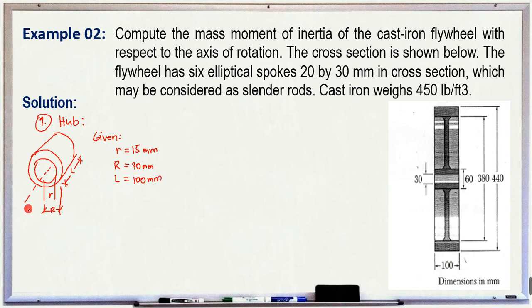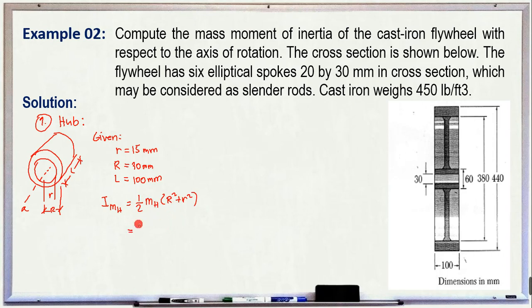So the mass moment of inertia along this axis, so the mass moment of inertia of the hub is equal to 1/2 the mass of the hub times the sum of the squares of the inner and outer radii. So ano po yung ating mass of hub?